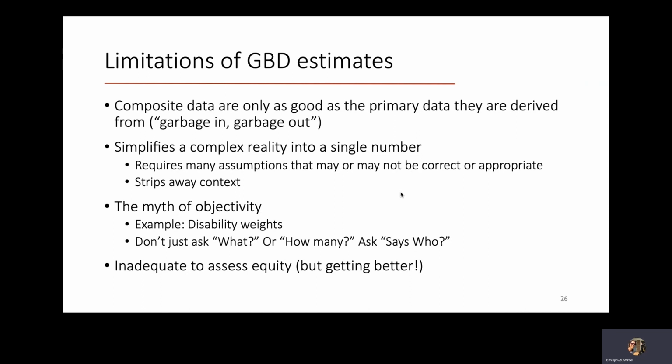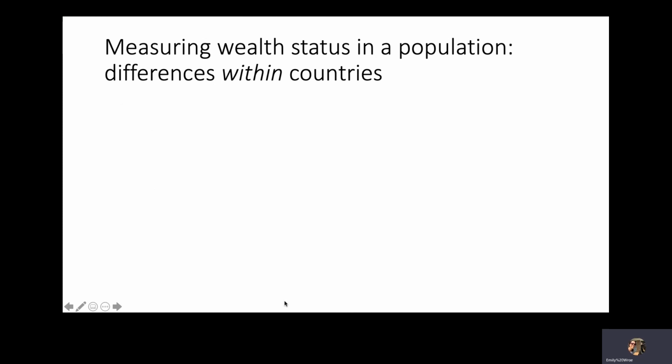So it's about what the limitations are, how we think about them, and how we present this for decision making so it's not taken in complete isolation from lived experience and other important contexts. And in addition, the data is getting better at assessing equity, but there are still definitely limitations there.